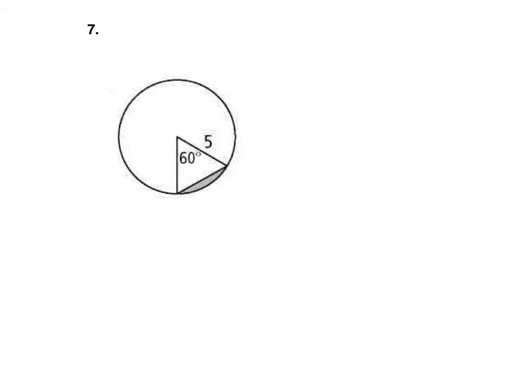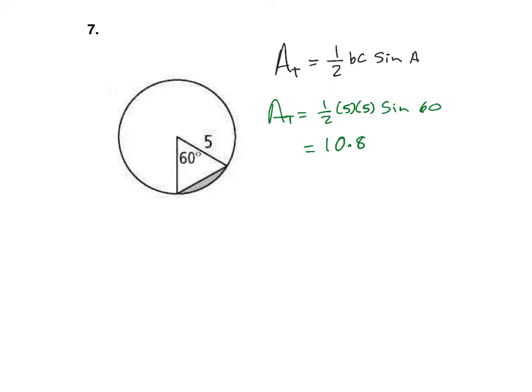In this case, we have to find the area of the triangle. I have to use 1/2 of, let's say, BC times the sine of A, of that included angle right there, right? So in this case, I have the area of the triangle equals 1/2 of 5 times 5 times sine of 60. So that means that my area here is 10.8. The area of the sector: I'm finding this whole area including the shaded region.